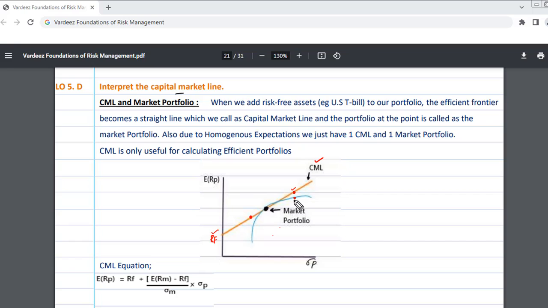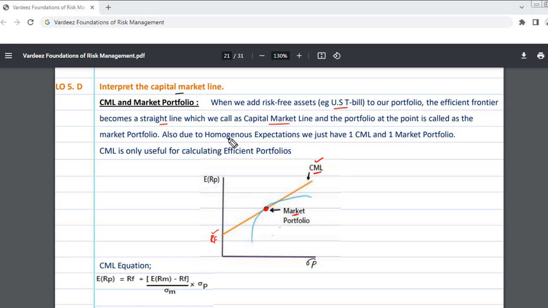This return is higher as compared to the efficient frontier. So that's what happens when we combine the risky assets with the risk-free rate. We get a straight line, and that's what we call the CML. And this market portfolio is the point where it's tangent to this straight line. That's what we call the market portfolio.